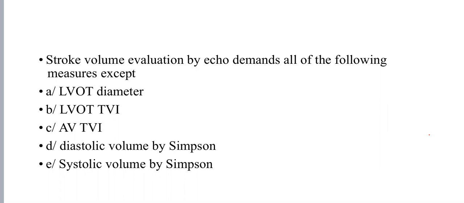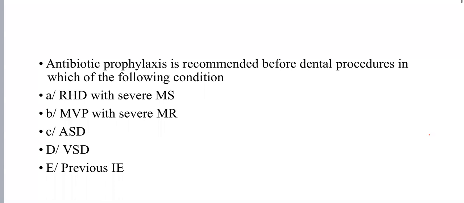Okay. Now, antibiotic prophylaxis is recommended before dental procedures in which of the following conditions? Rheumatic heart disease with severe MS, mitral valve prolapse with severe MR, ASD, VSD, or previous infective endocarditis. Previous endocarditis, exactly. What else? What are the four conditions in which prophylaxis is still class 1, 2?